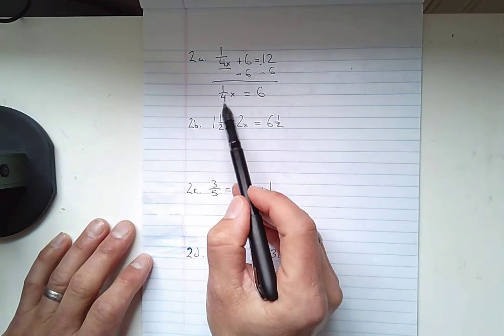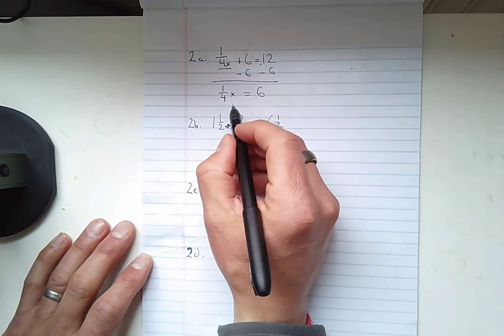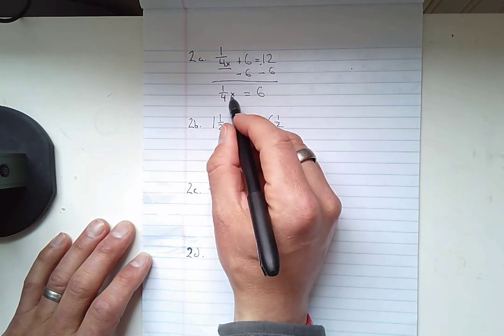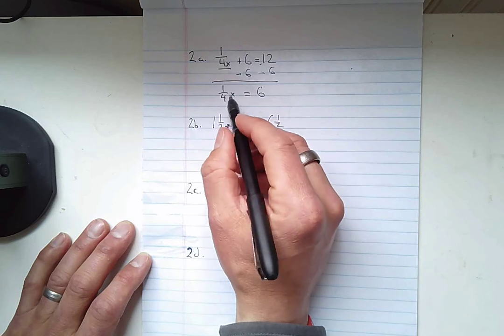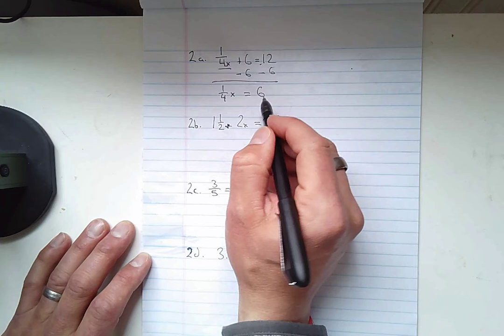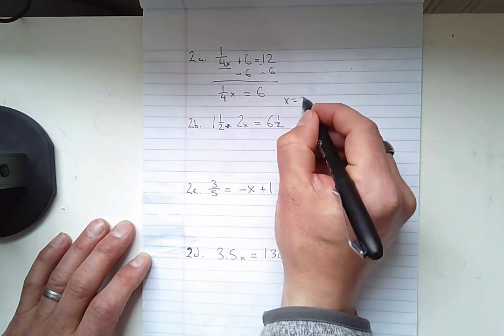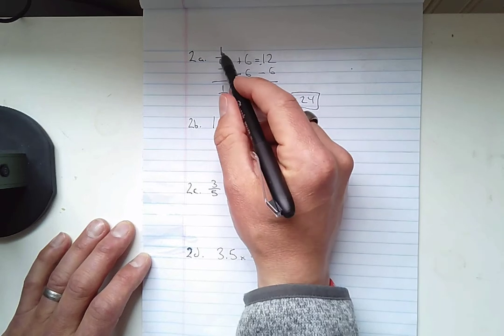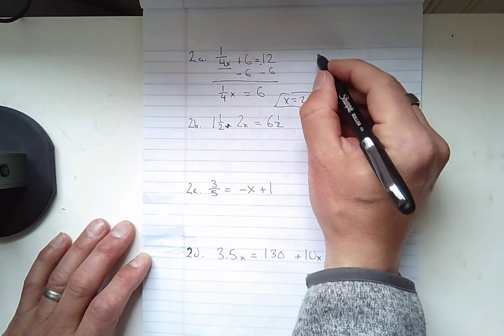So 1/4 times what number is 6? If we take a look at that, we need a number a lot larger than 6 to have that. And in a sense, what number divided by 4 is 6? We can say that in our head, and that would be 24. So we say 24 times 1/4.